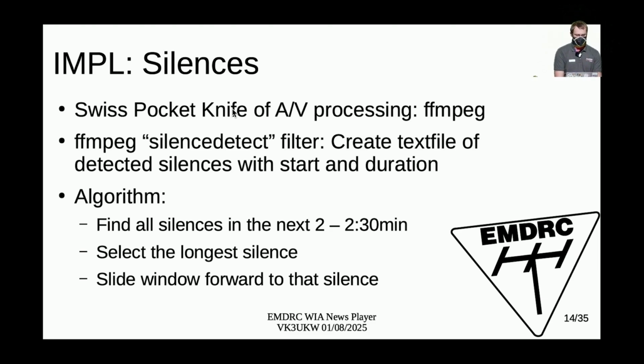Luckily for what we want to do, it's pretty simple. We just need to run the silence detect filter, and what that does is just goes through the audio file, and you tell it, I want to find all periods in the audio of, say, half a second long that has under, say, minus 30 decibels of audio level. So if you have a half a second where the audio level is minus 30 dB throughout that whole period, then you can be pretty sure that that's where nobody is speaking, where there's a pause between words, pause between sentences.